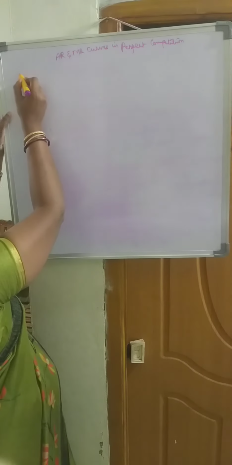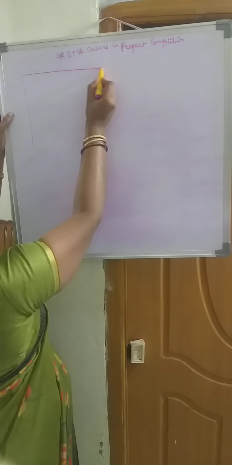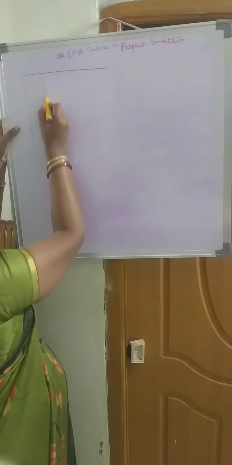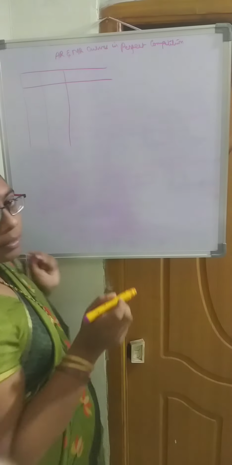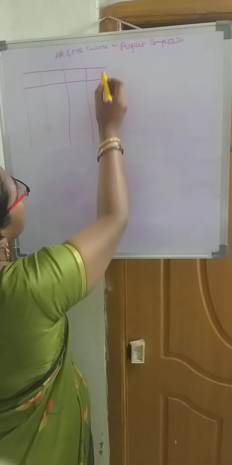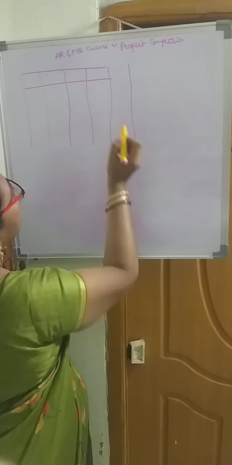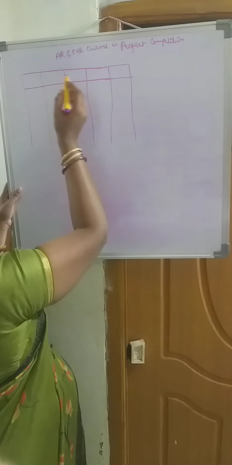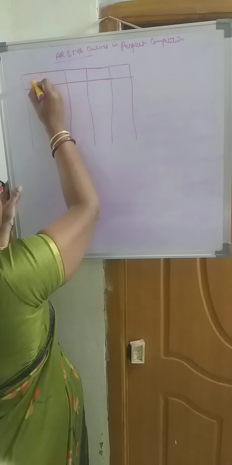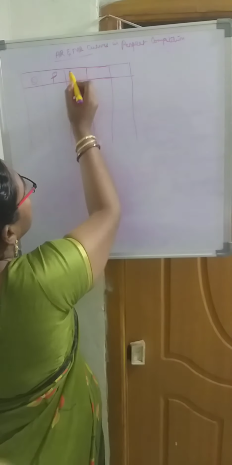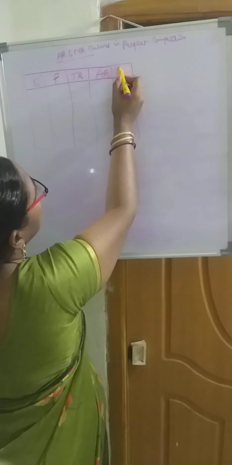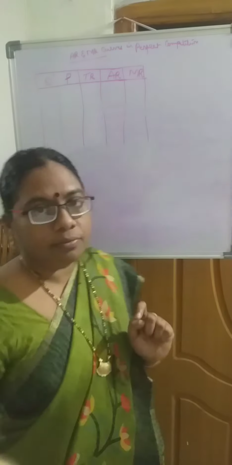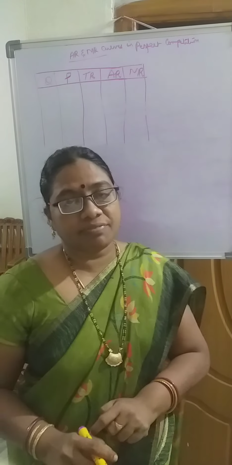So I draw a table: quantity, price, TR, AR, MR. So to get AR and MR curves, we require quantity of products, then price of products, total revenue, average revenue, and marginal revenue. And we are dealing in perfect competition. Okay.